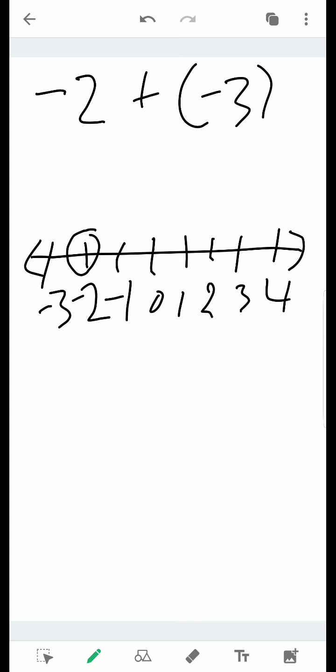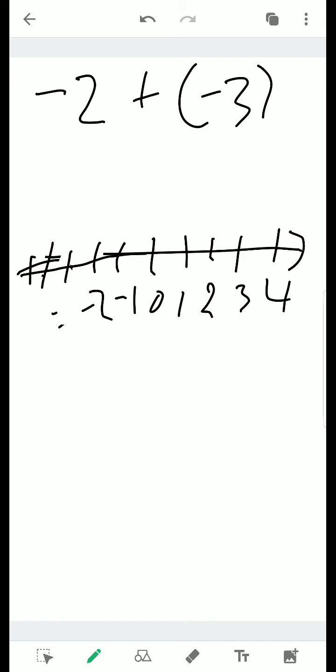So let me clean it again so that it will be very clear. Negative 1, negative 2, negative 3, negative 4, negative 5.